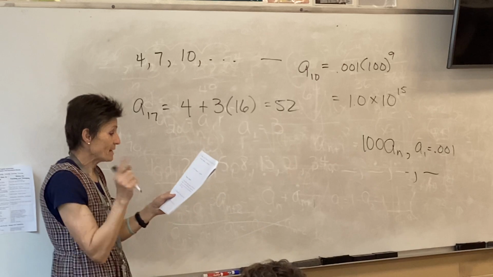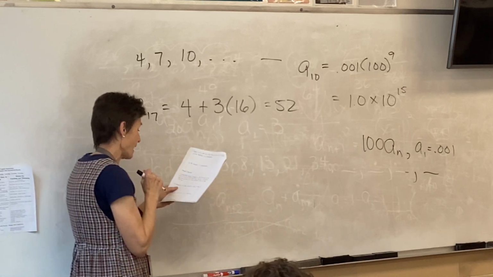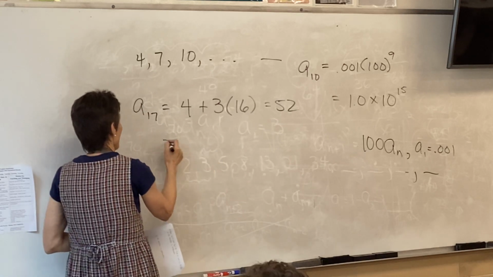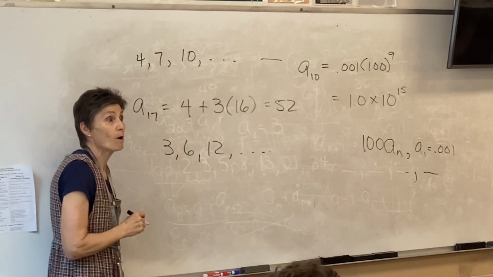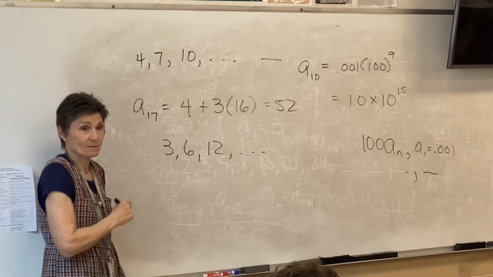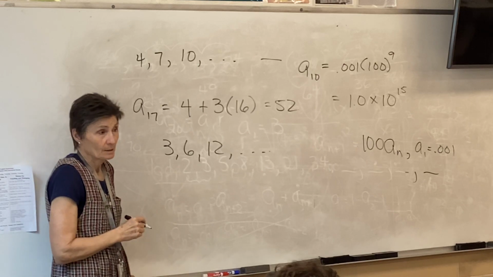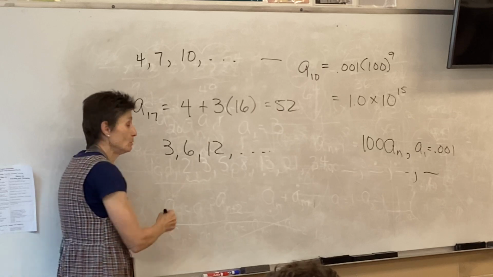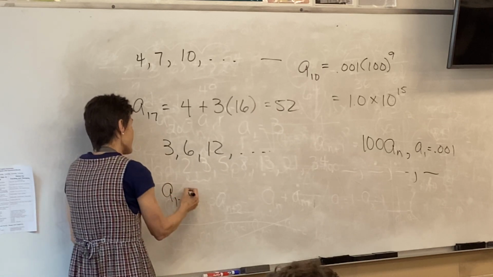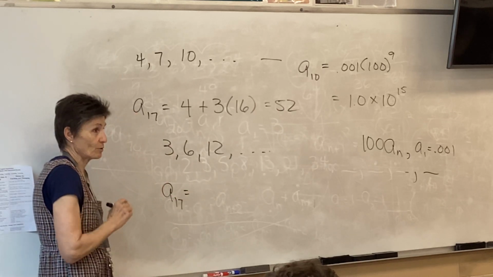Number 8. Repeat the problem if we assign 3, then 6, then 12. Uh-oh, you're in trouble if I'm assigning problems according to that pattern. Now we're multiplying by 2. New formula, 17th term, it's geometric now.